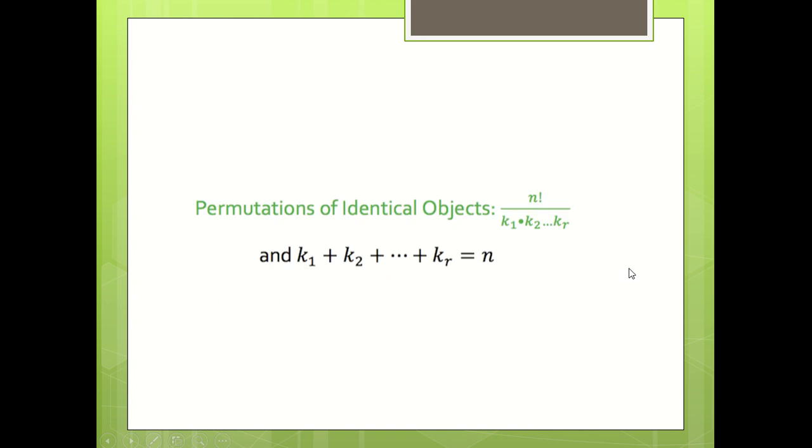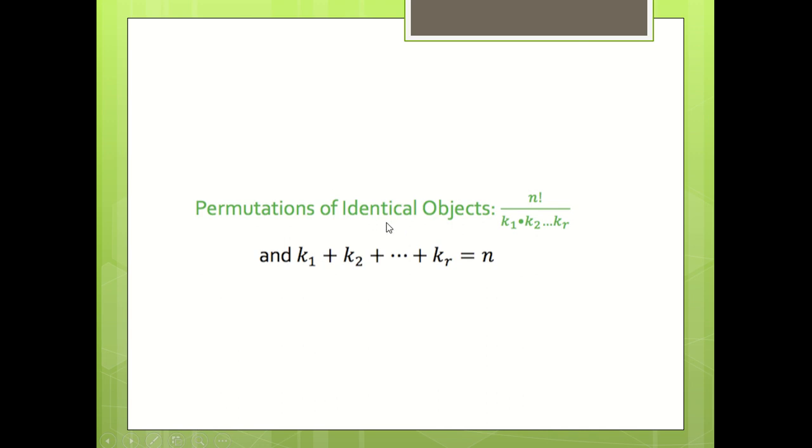Aside from that, permutations can also be applied as regards identical objects. When we speak of identical objects, these are objects that are the same.